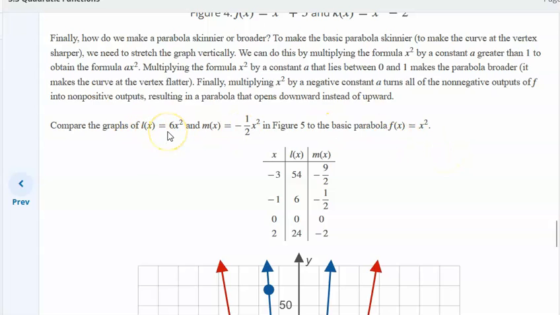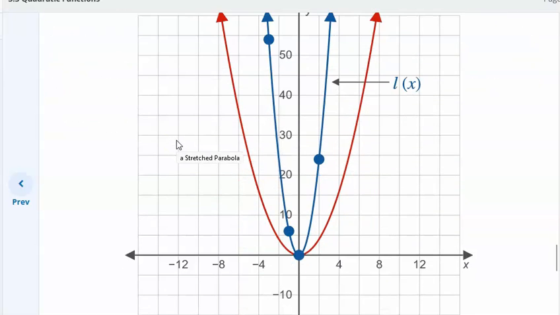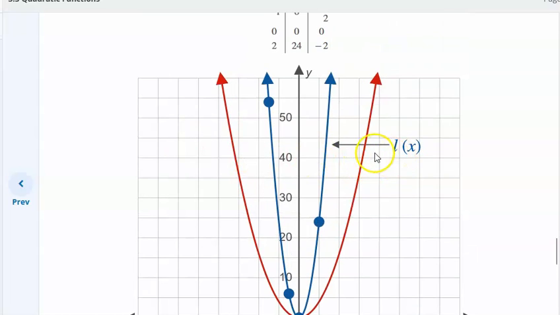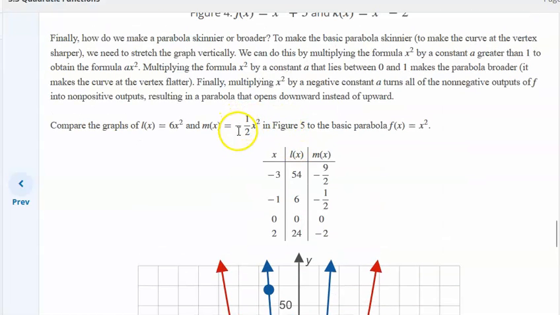But if we put a 6 x squared, what will happen to it? You see it shrinks to the blue parabola. That is, having a coefficient greater than 1 for our x squared causes the parabola to move closer to the y-axis. And we're looking for some general patterns here. Well, how about if it's a negative 1/2? What would happen there?